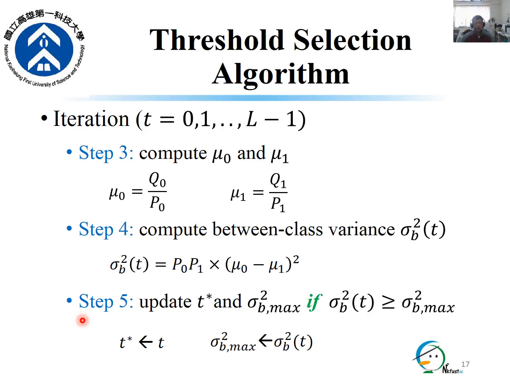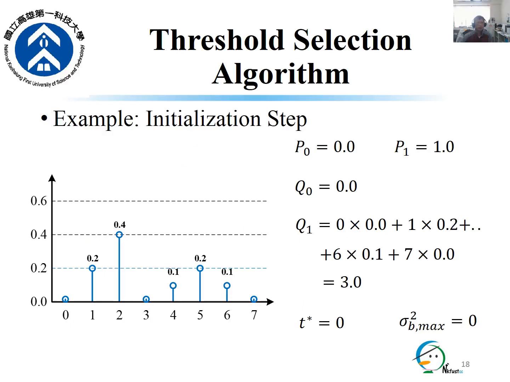To describe the O2 algorithm in more detail, we use the aforementioned example for explanation. Here is the initialization step for the above example. It is noteworthy that all pixels are initially considered as class 1. Therefore, Q0 is set as 0, and Q1 records the normalized sum of gray values of all pixels and is initialized as 3.